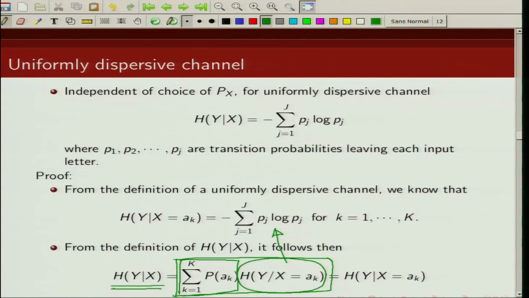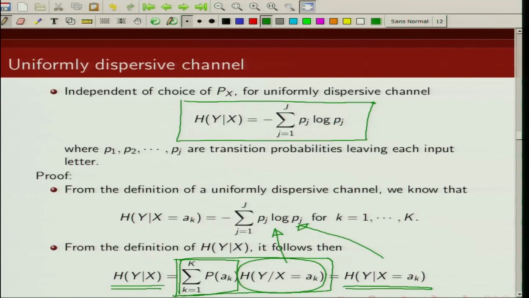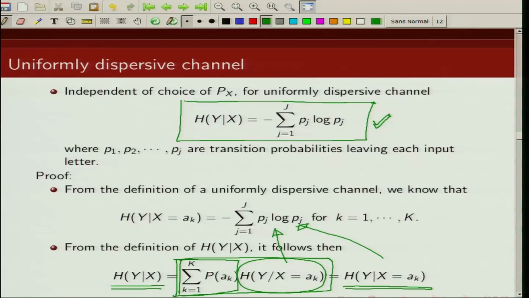So, we have proved that the uncertainty in y given x is given by this. No matter what the choice of input distribution is, the uncertainty in y given x for a uniformly dispersive channel is given by this expression.